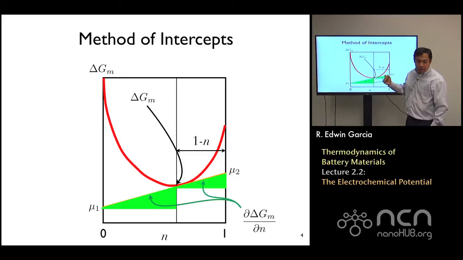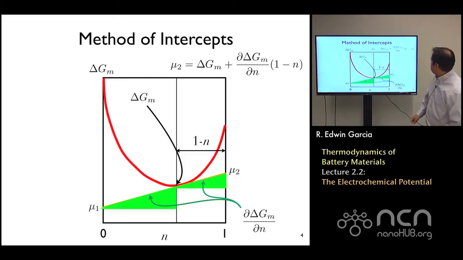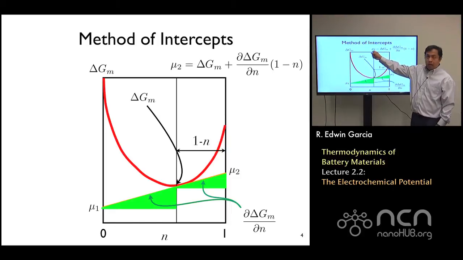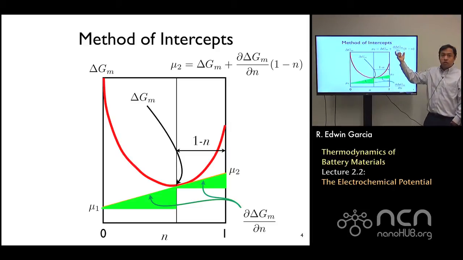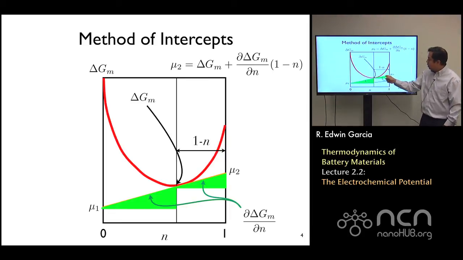If you add that, you get this relationship, where calculating the chemical potential of component 2 corresponds to the value of the free energy at that point plus a linear correction as a result of the distance we have to traverse to find the intersection of that line.